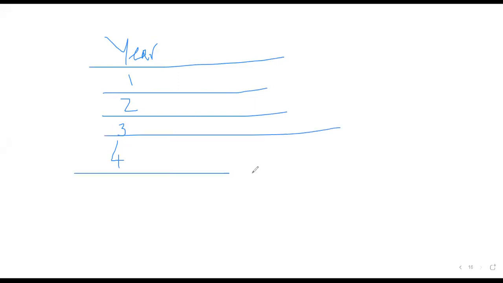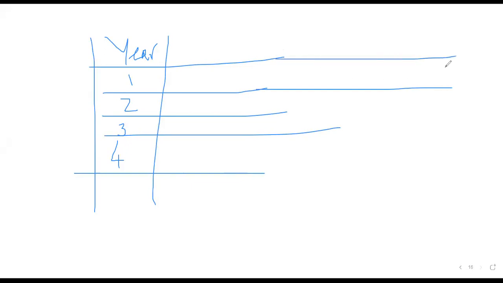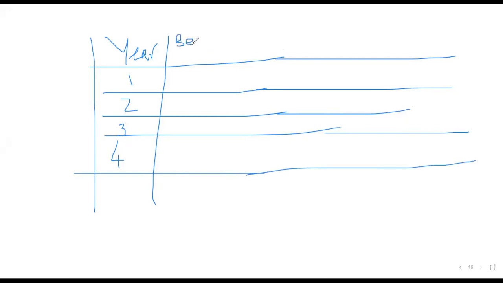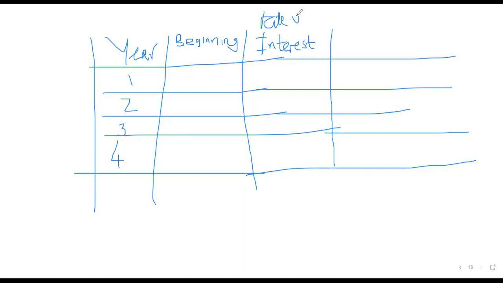It is similar to the table that was here, just that the figures are different. So beginning balance, then rate of interest, then ending amount.